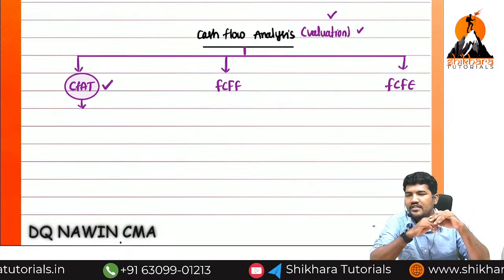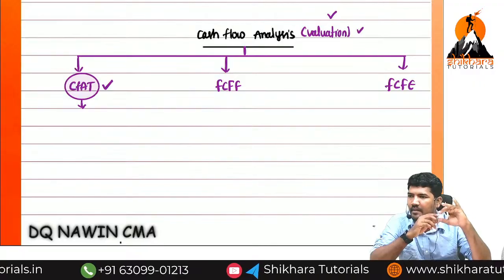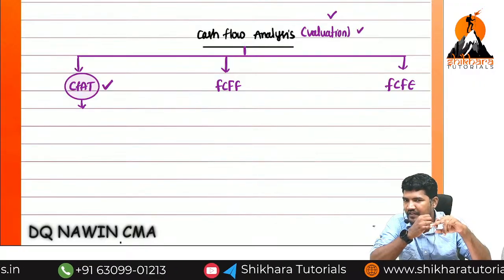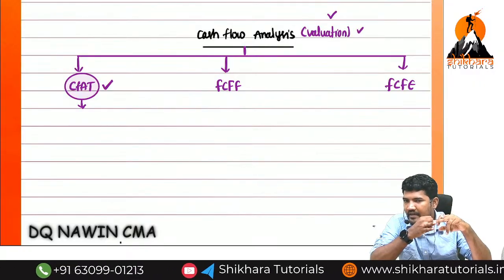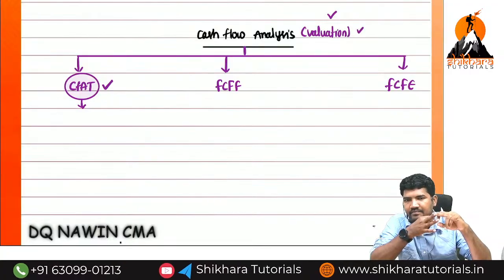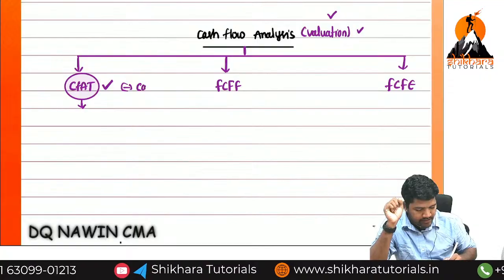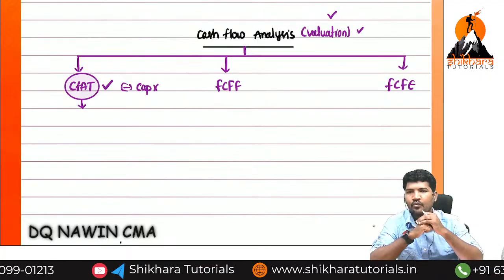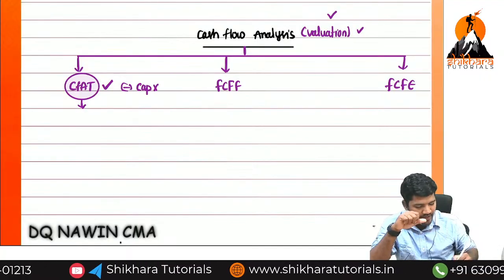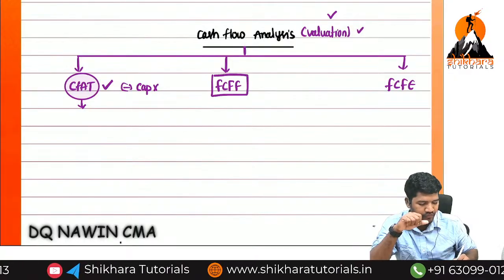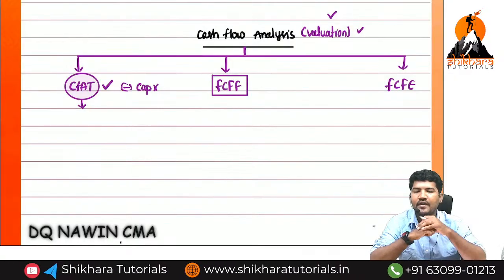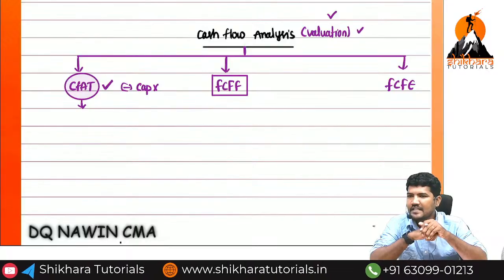Clear? So CFAT means cash in the hands of a company for settlement of capital expenditure first, debenture holder settlement, equity shareholder settlement. Are you okay? Now we reduce capex, and you will get an answer called FCFF. Out of CFAT, what do you reduce, sir? Capital expenditure.